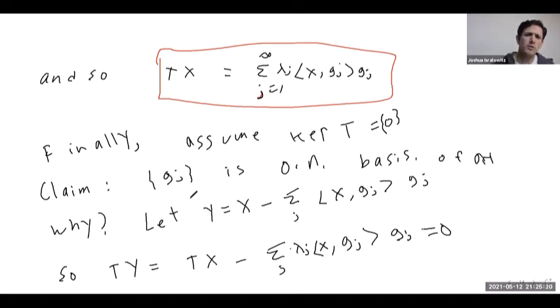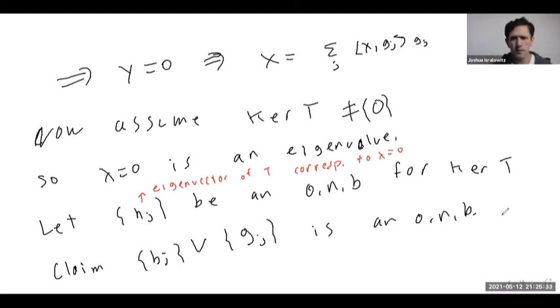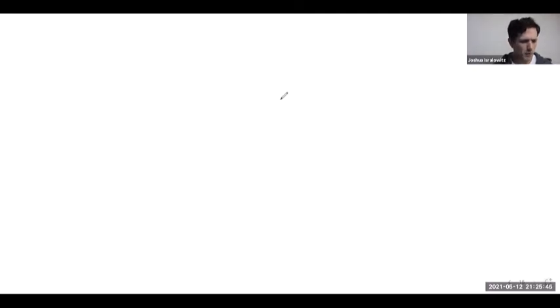So this shows that in the case where eventually the T_m's are 0, we actually have a finite dimensional space. So I claim this is an orthonormal basis for H. And this is not too hard. We do exactly what we had before. Again, y is x minus this sum here.